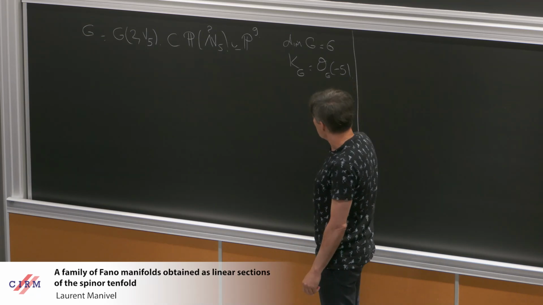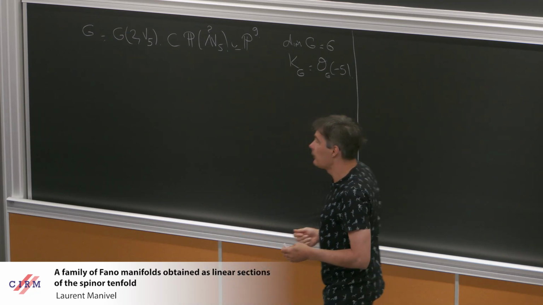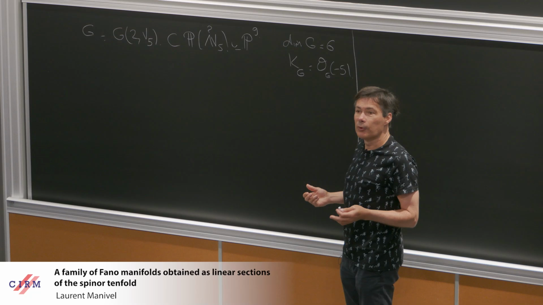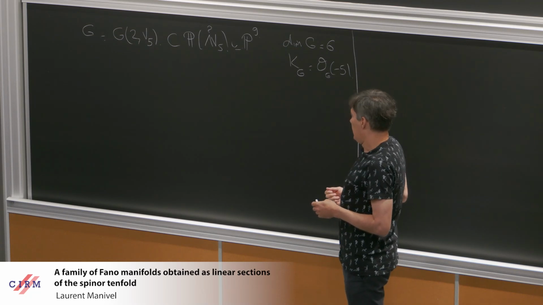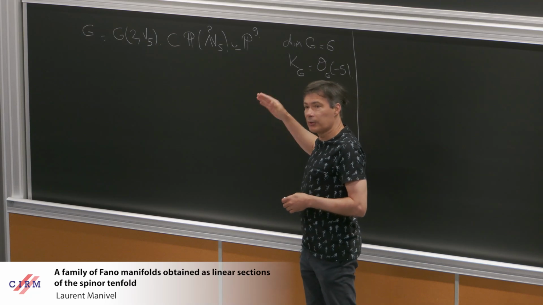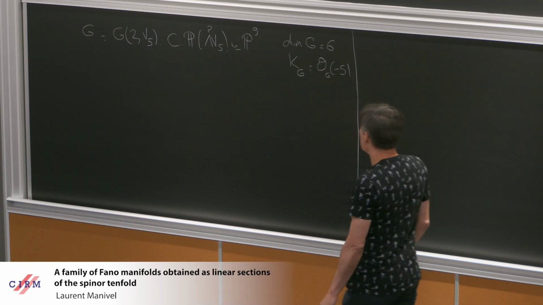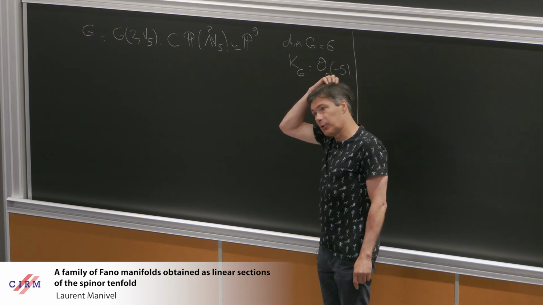This is usually a nice property of homogeneous spaces like this, that they are Fano of high index. So if you're interested in Fano manifolds, it's a good way to construct Fano manifolds of lower dimension by cutting with hyperplanes. And if you don't go to too low dimension, you still get the Fano property.